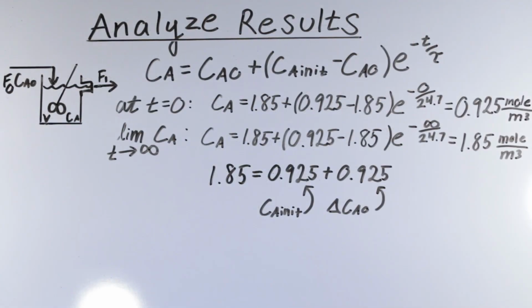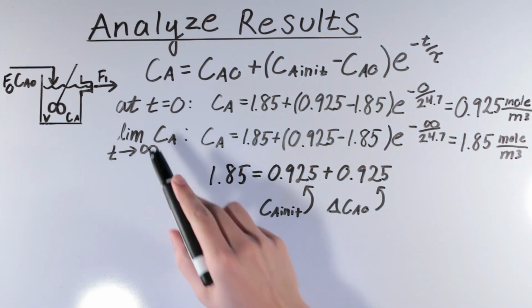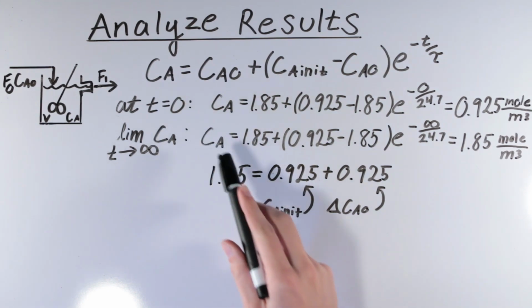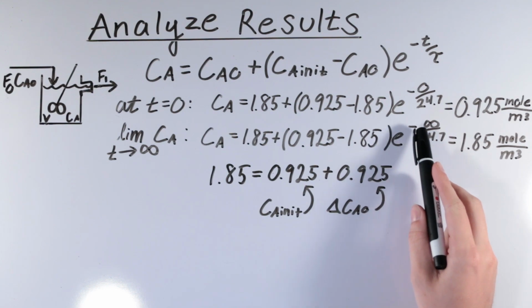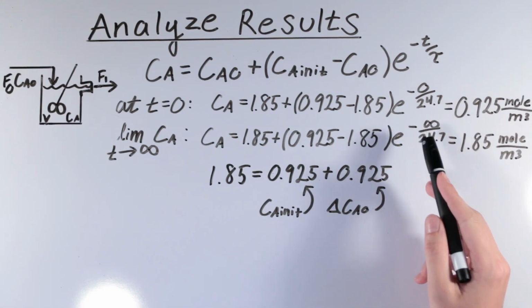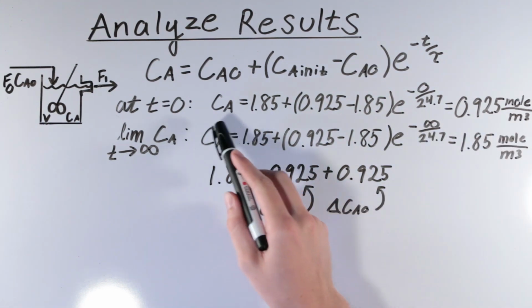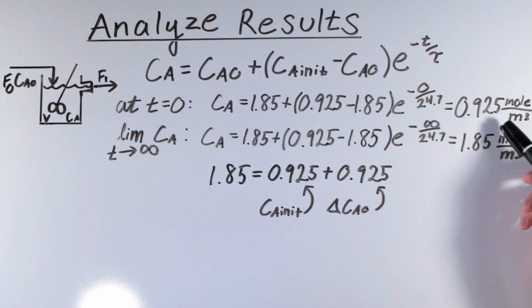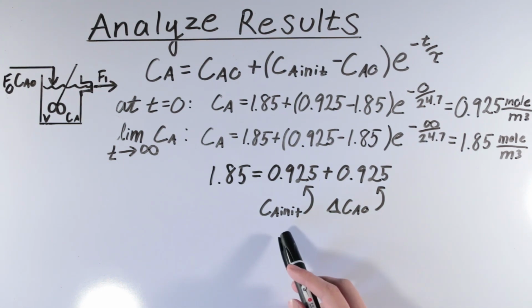To test whether this model satisfies the boundary conditions of the problem, we evaluate it at time equals 0. So following through, plugging in the values given in the problem statement, we find that the concentration at time equals 0 is equal to 0.925 moles per meter cubed, which is the initial concentration.